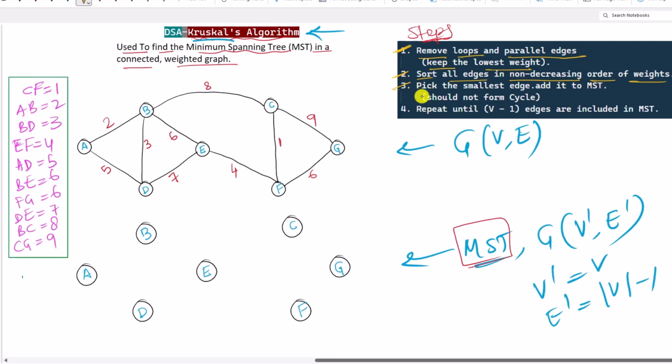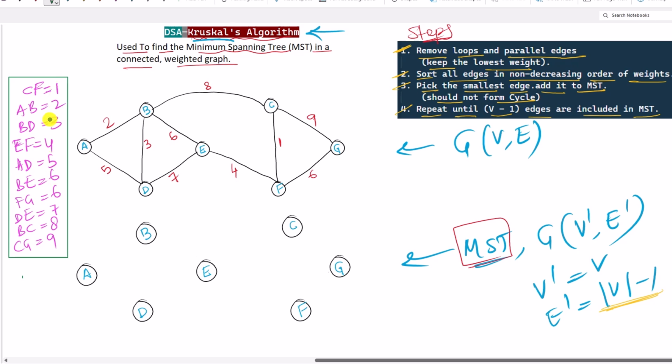Next, all we have to do is pick the smallest edge and add it to the minimum spanning tree, making sure that there is no cycle in our minimum spanning tree. We repeat the process until V-1 edges are included in our minimum spanning tree.